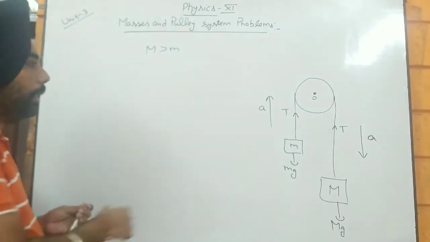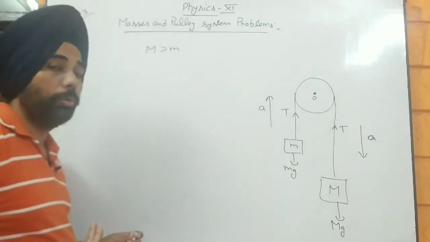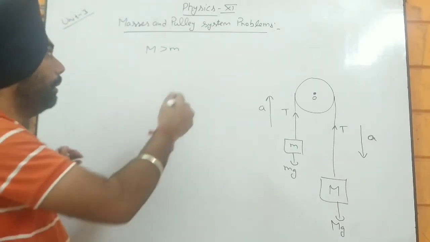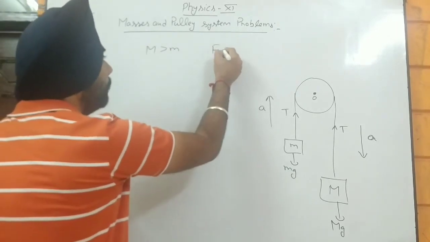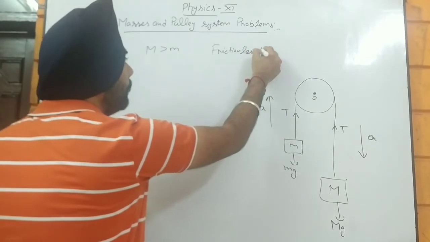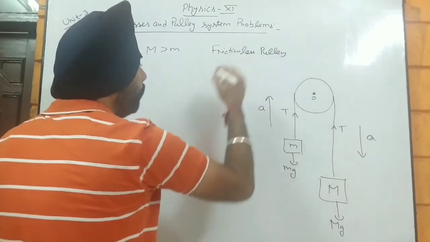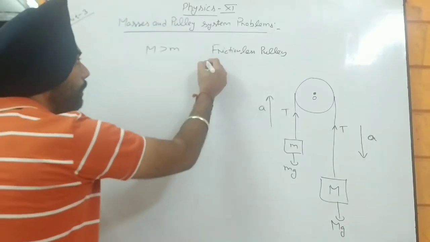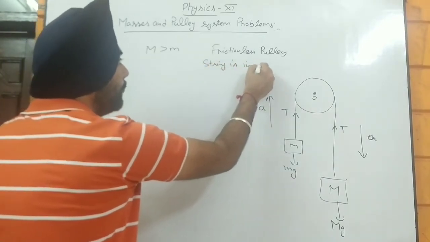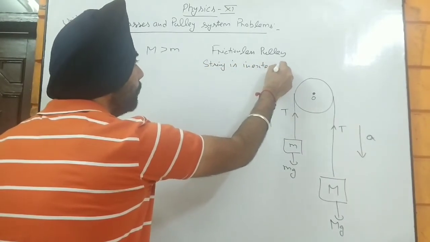Now here two assumptions should be taken, and you should write those assumptions. First, that is a frictionless pulley, and the string is inextensible.